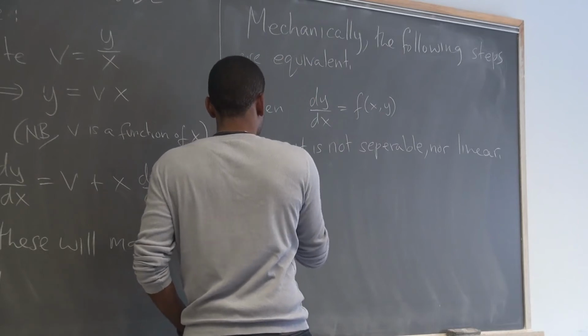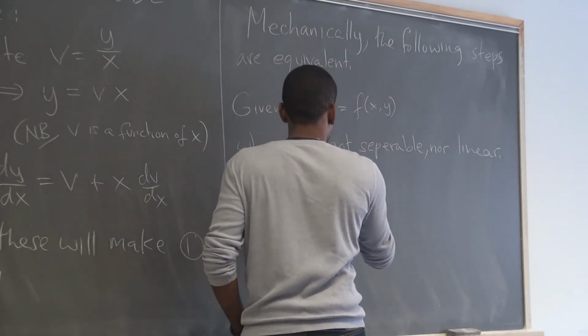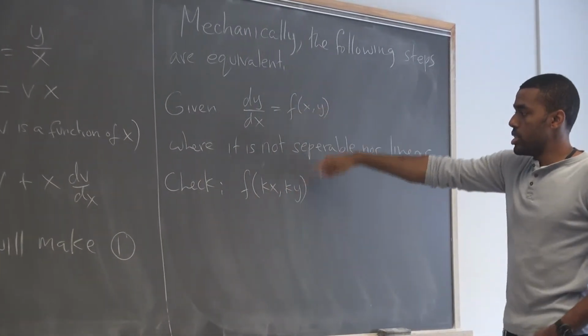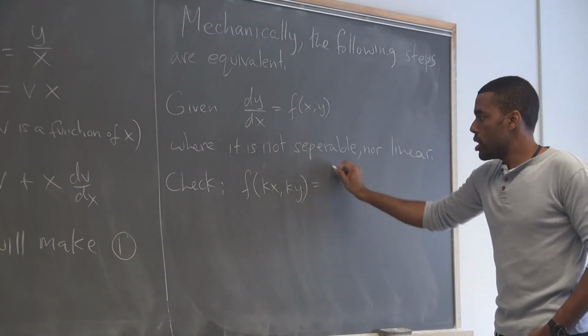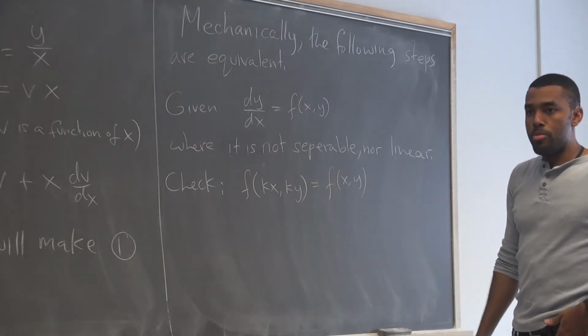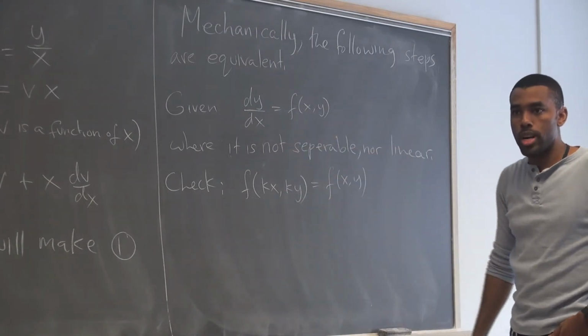Check the following. If you change each x to a constant times x and each y to a constant times y, it should make no difference whatsoever. If that happens, it turns out it's homogeneous. You will be able to write it as a function of y over x.